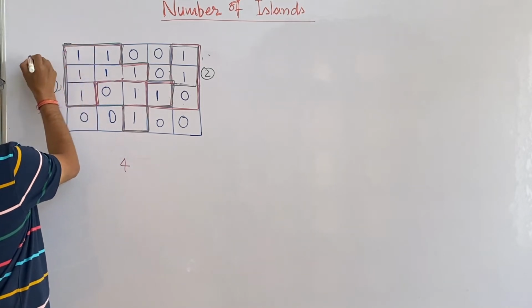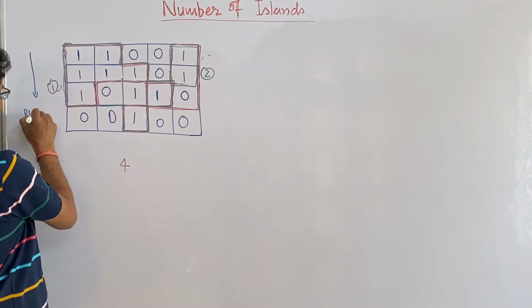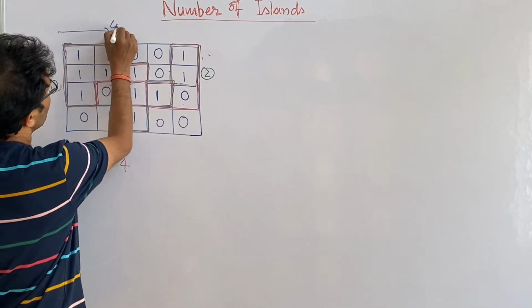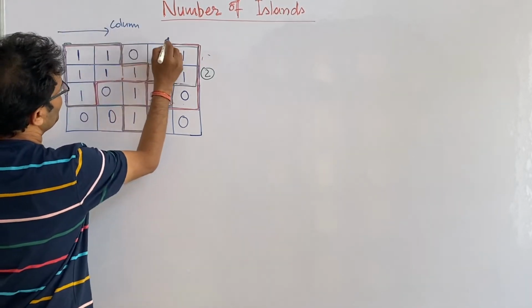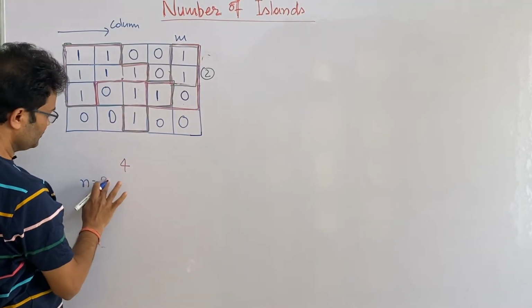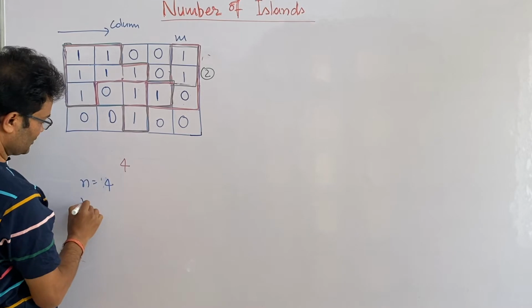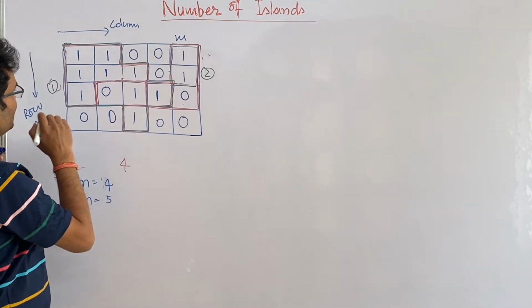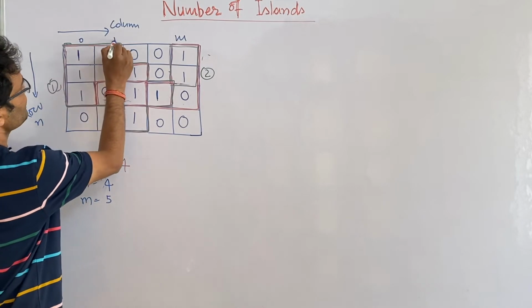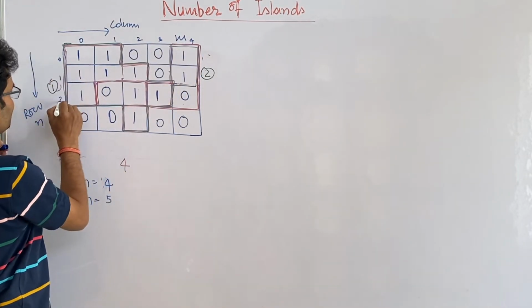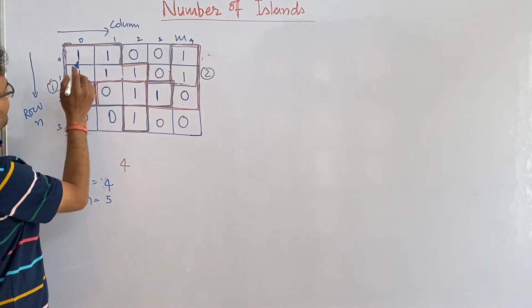So you know this is the row and we denote it n. This is the column, we denote it m. So in this case we have n equal to 4 and m equal to 5, right? And if you see, this is the index, and each element is represented with an index.